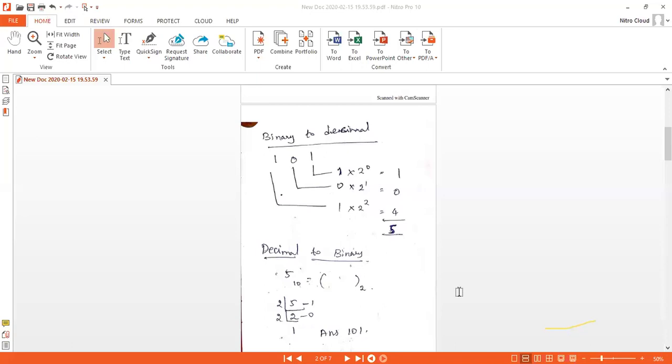For the external binary code, try to understand one thing. People from arts, computer science, management, commerce, languages, literature, everybody writes this NTA NET. So they cannot ask anything in depth from the particular syllabus. ASCII problems only computer science students will know, not everybody. Only from the basics of computer can they ask questions.